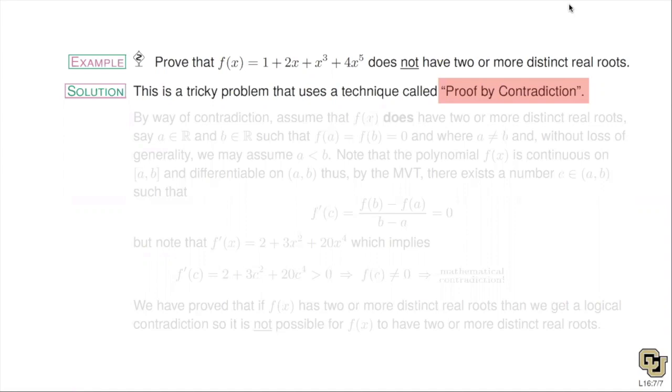So let me do a very stupid example. Suppose I want to prove fire is hot using proof by contradiction. First, I'm going to assume that fire is cold, because that's how contradiction works. That's the technique. Assume fire is cold. And then I run an experiment, like I stick my hand in the fire. When I stick my hand in the fire, what happens to my hand, people?